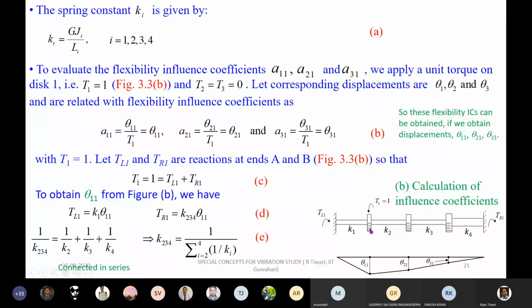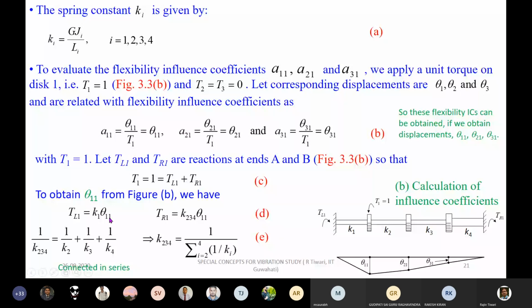So if we multiply K1 with theta 11, that will be equal to TL1, because if we are ignoring the right part, we know that theta 11 displacement is taking place. So if we give that much twist to this spring of stiffness K1, we will get the torque which is there at the reaction.